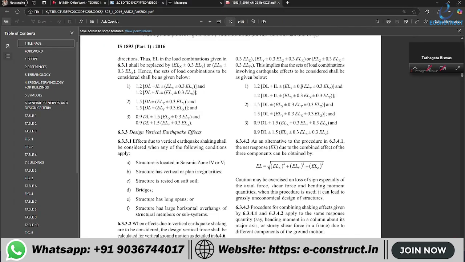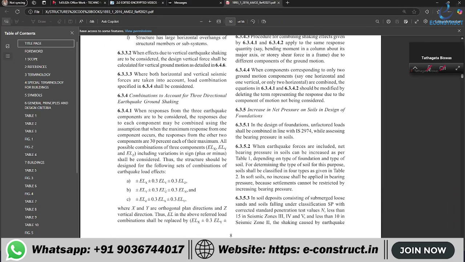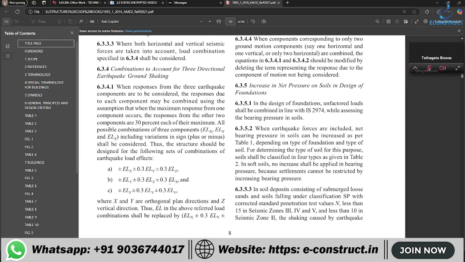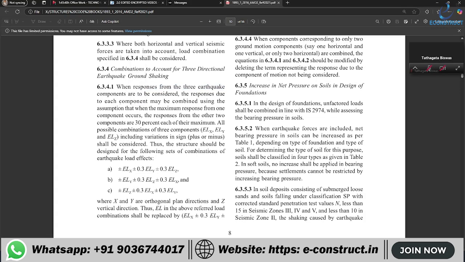So 30% of the Z axis also you need to take as per 6.3.4.1.